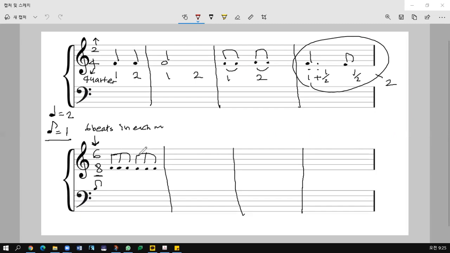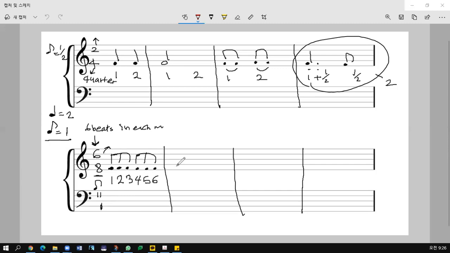Even though in a song like 2/4, eighth note gets half, right? But in this song, eighth note is the main character, okay? So this is not half value anymore. This is 1 beat because the lower number is eighth. Eighth note gets 1 beat, okay? So this is 1, 2, 3, and then 4, 5, 6, because upper number is 6. So 6 beats in each measure, okay?